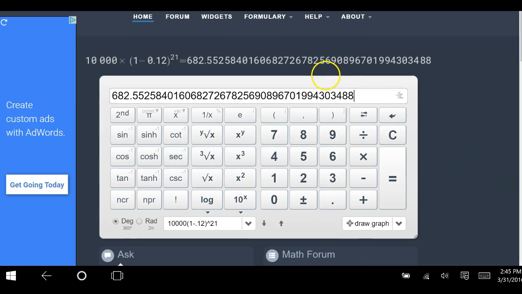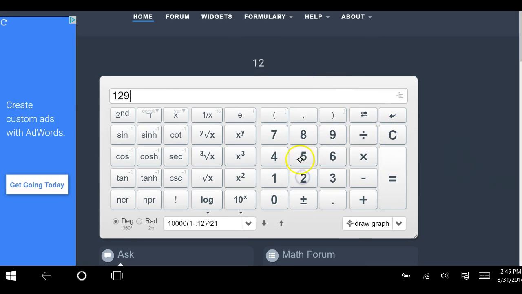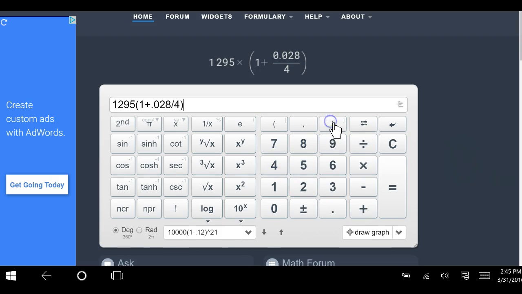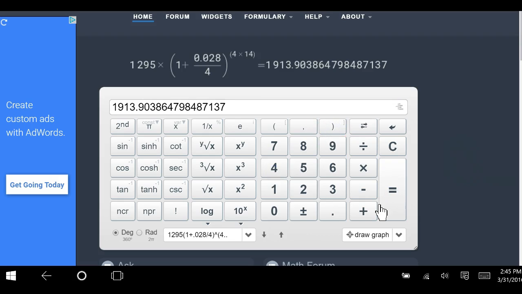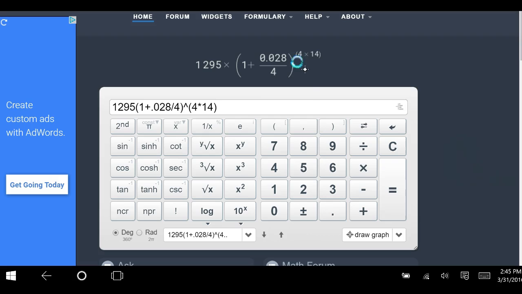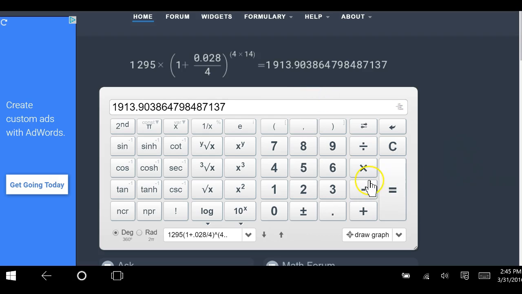So let's go ahead and use our calculator. It'll be 1295 times 1 plus 0.028 divided by 4, raised to the power of, and you want to put parentheses around your exponent, 4 times 14. Okay, remember we're talking about money, so we want to round this to the nearest cent.